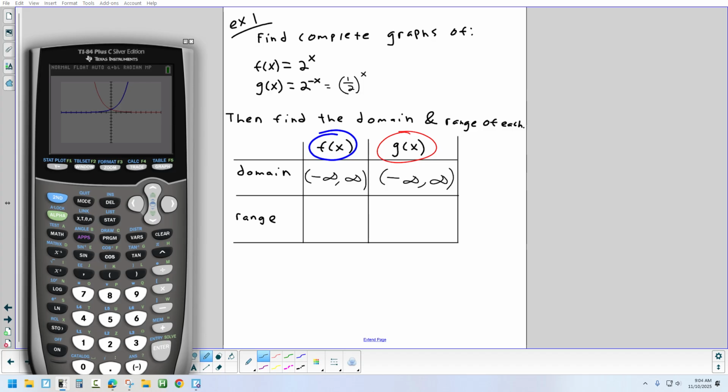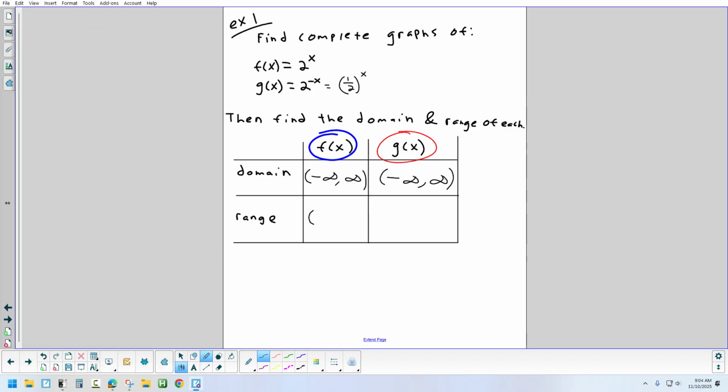Okay, the domain and the range for both of these are the same. They look different, but they do have the same domain and ranges. And if we want to say y is greater than 0, how do we do that in set or interval notation? Just because we already did the domain that way, so let's stick with that for now. Parenthesis 0, comma, infinity. Yep. Okay. So same domain, same range.